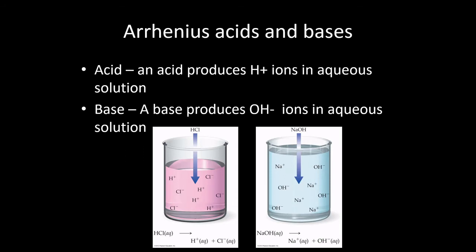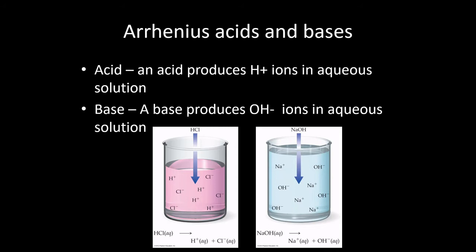The Arrhenius definition says that acids produce H+ ions when you put them into water in aqueous solution, and bases produce OH- ions in aqueous solution. So, to put it another way, if you stick a molecule into water, and as a result of that, you get more what we call hydronium ion is the technical term, but essentially you get H+ in solution, well then that thing is an acid.